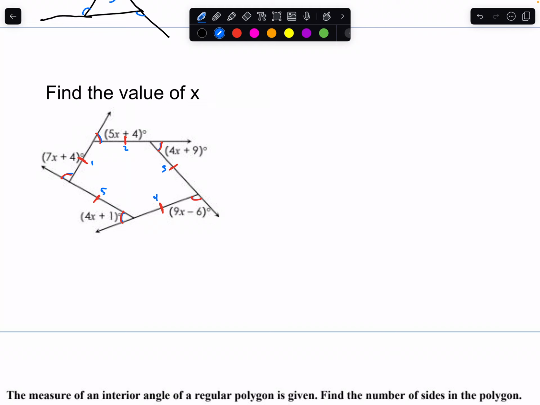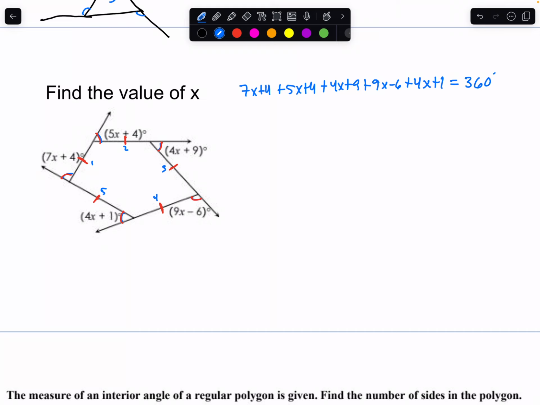Well, any polygon on the outside will always add up to 360. So there's my equation. 7x plus 4 plus 5x plus 4 plus 4x plus 9 plus 9x minus 6 plus 4x plus 1. Any angle on the exterior will always add up to one number, 360 degrees.